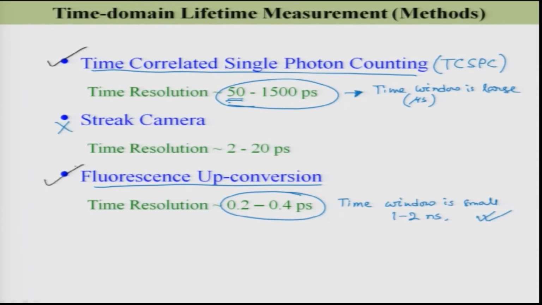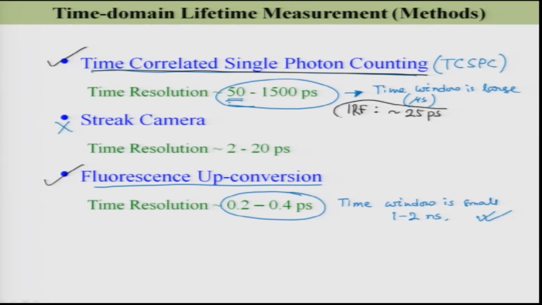Let me tell you that each of these methods has its own advantage as well as disadvantage. Let me talk about the disadvantage. For this time correlated single photon counting, for this TCSPC, the disadvantage is the IRF. Even for a very modern setup, the IRF is just about 25 picosecond.